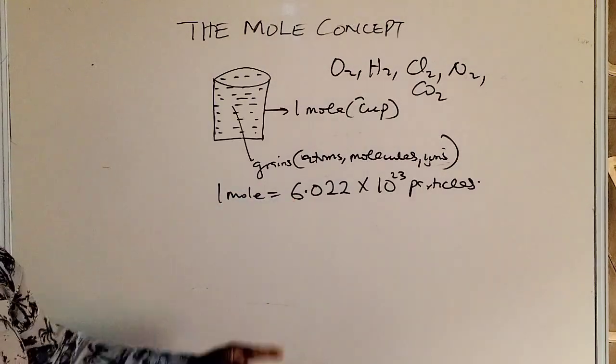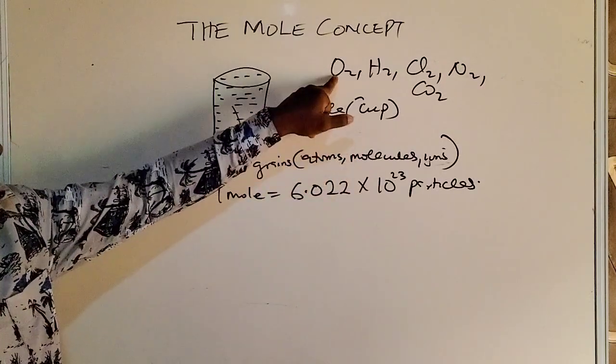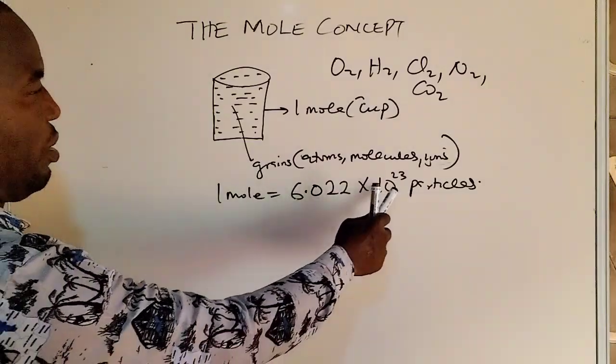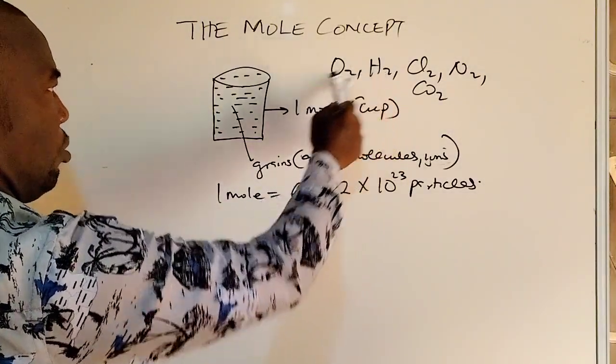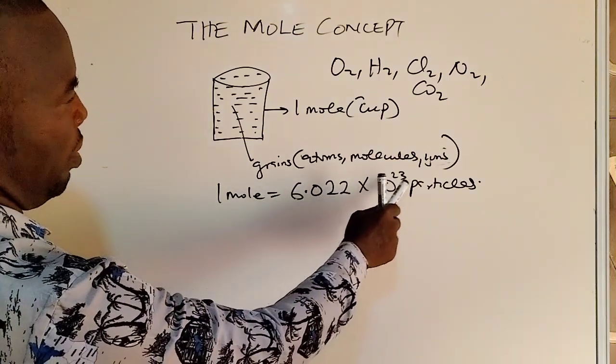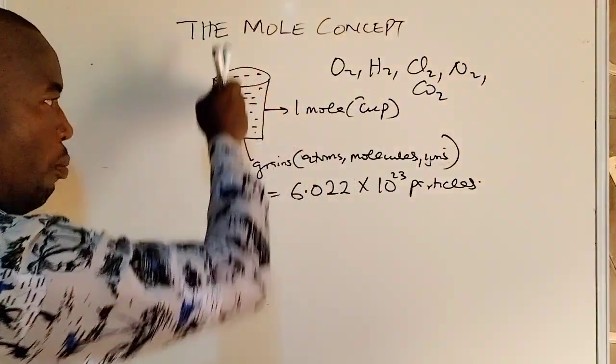The same number. We still need 6.022 × 10^23 molecules of oxygen to make up 1 mole. We still need 6.022 × 10^23 molecules of hydrogen to make up 1 mole. We still need 6.022 × 10^23 molecules of chlorine, nitrogen, carbon dioxide to make up 1 mole.